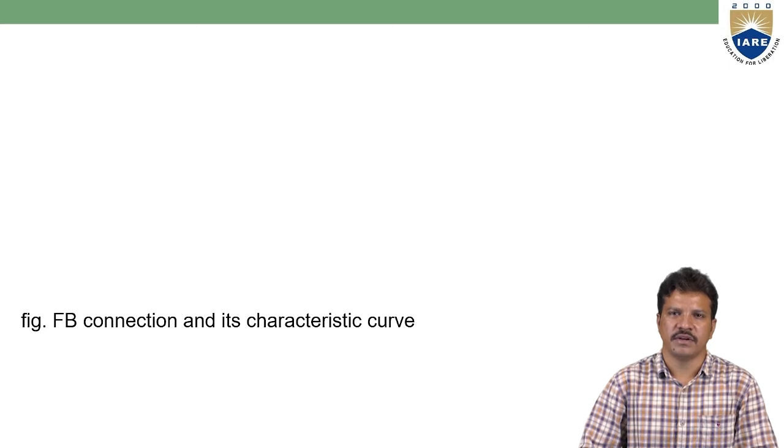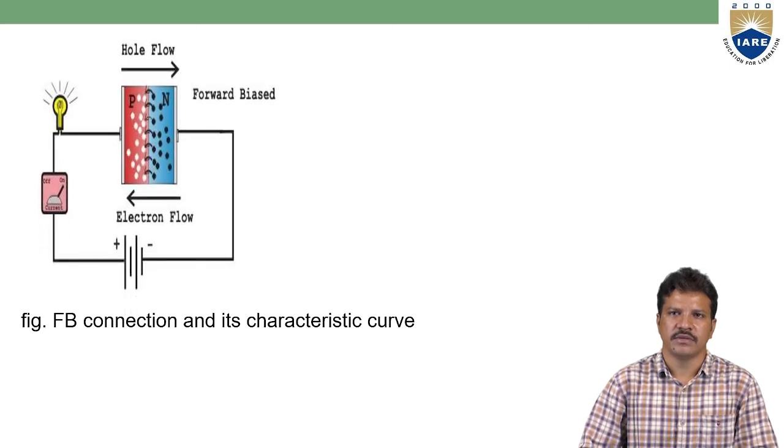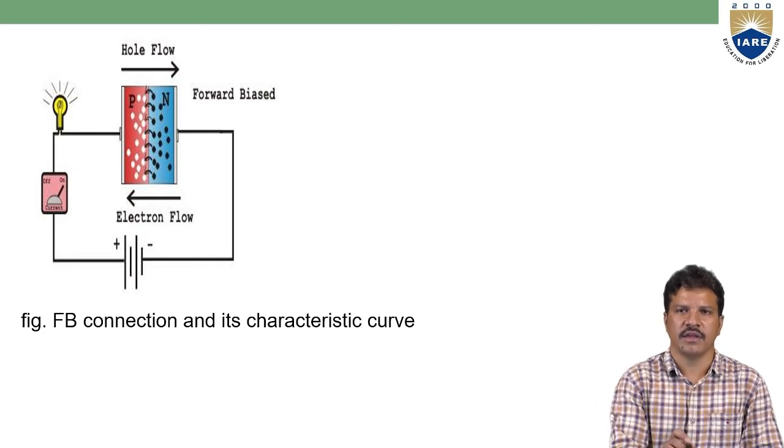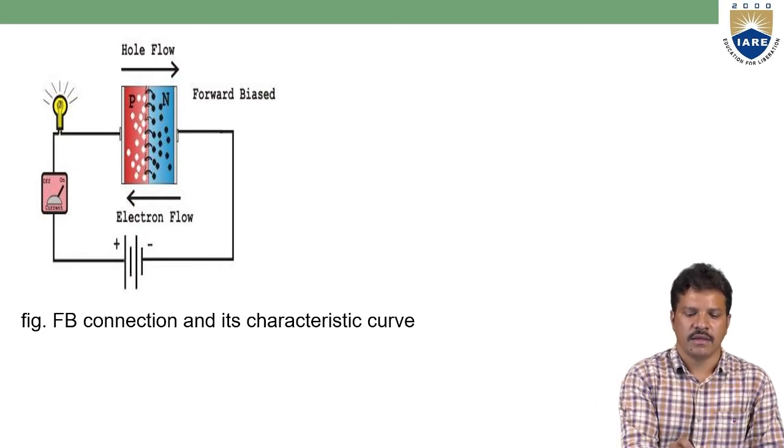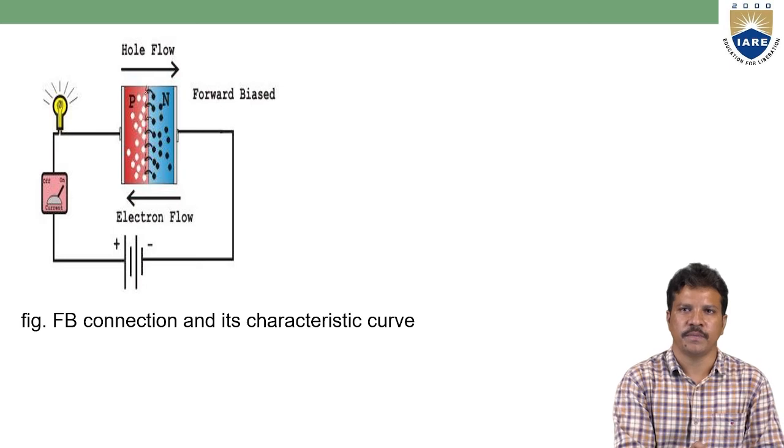If you see this figure, the p side has white majority carriers of holes, and the n side has black dots of electrons. They are repelled by the plus and minus of the battery and then cross the junction. When they cross the junction, recombination takes place and then current flows in the p-n junction diode.